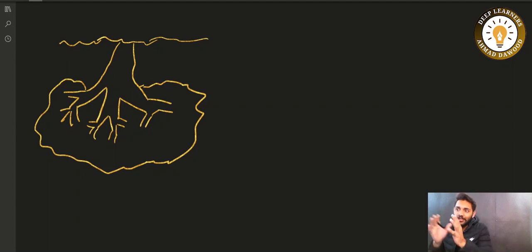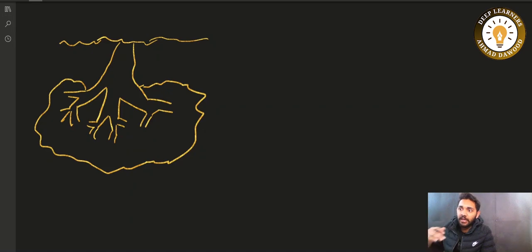Here you can see a tree, which I have drawn in the opposite direction to simulate and give us some similarity with decision trees. This same type of flow, a decision tree follows: the root is on the top side, and the branches and leaves are on the bottom side.